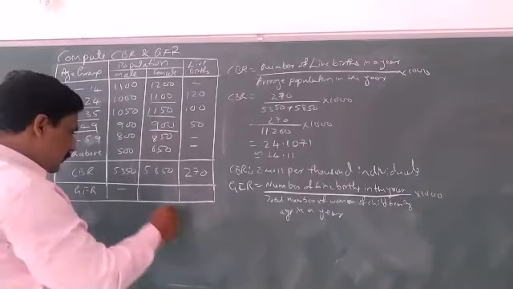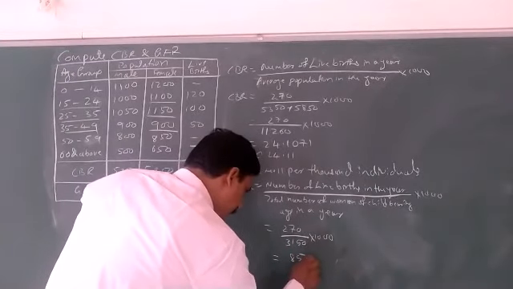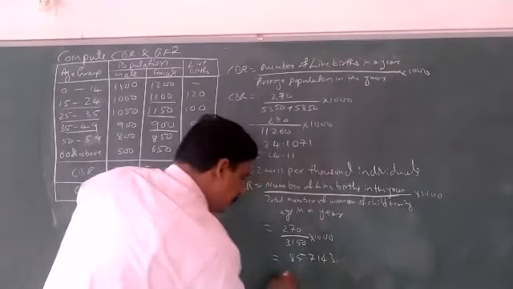So here 270 divided by 3150, into 1000. So 270 divided by 3150 into 1000, that answer is 85.7143, which is approximately 85.71.